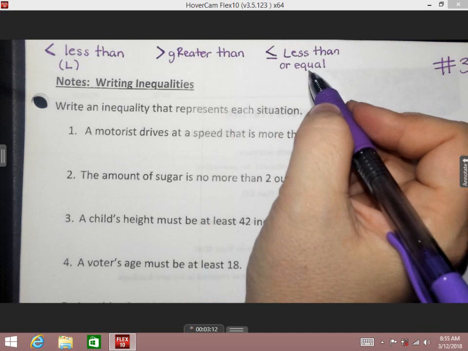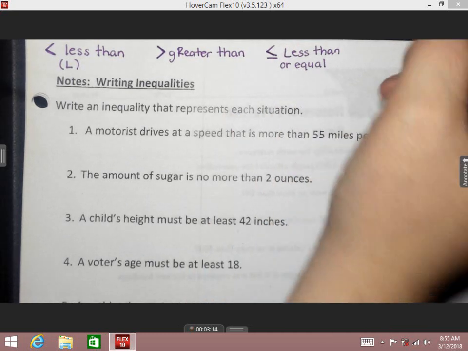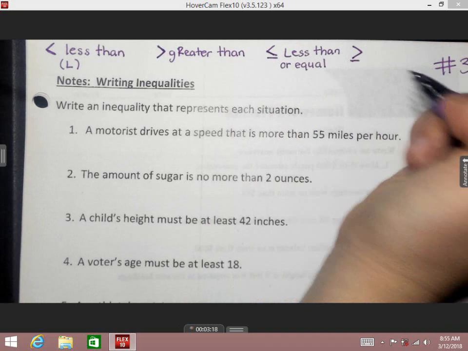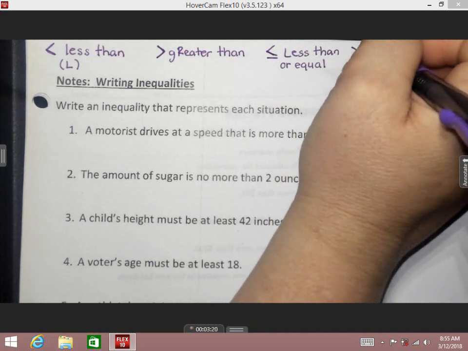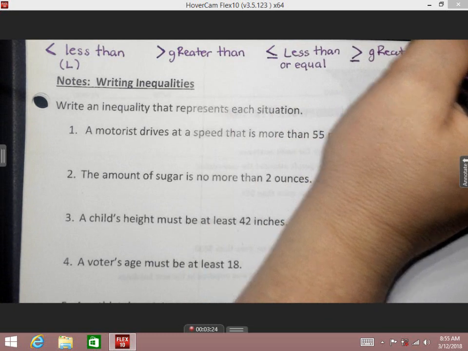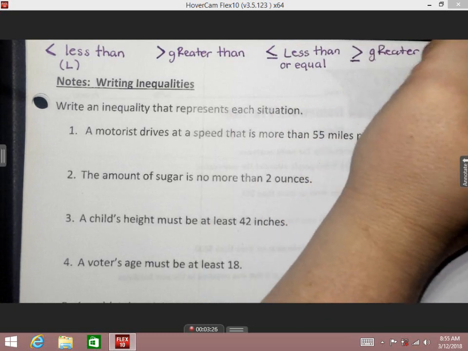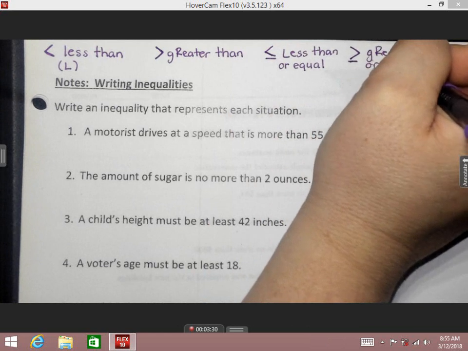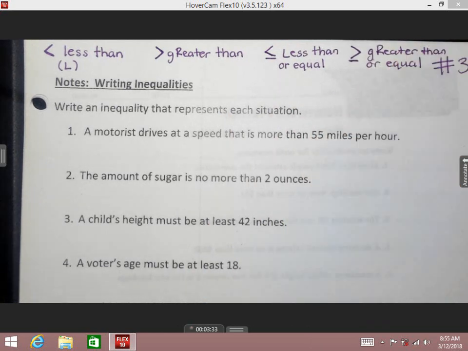Less than or equal. All right, so we have the alternative that goes with that as well, pointing to the right with a bar, which is greater than or equal. All right, so we have less than, greater than, less than or equal, and then greater than or equal.